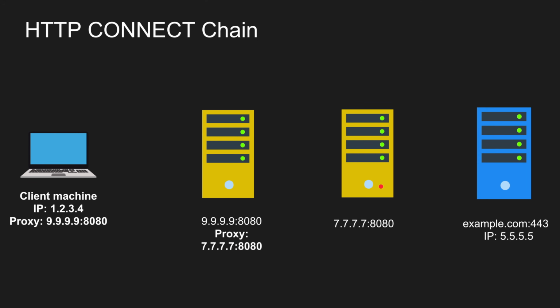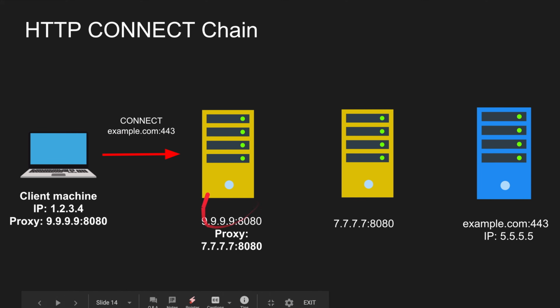Again, if the proxy software implemented HTTP CONNECT correctly, this is what will happen. The CONNECT will be forwarded to this server. The server will find, hey, there's a CONNECT coming to me, but guess what? It wants to connect to example.com, but I cannot do that. I cannot just jump to this because I have a proxy. I am responsible to re-chain that CONNECT to my own proxy.